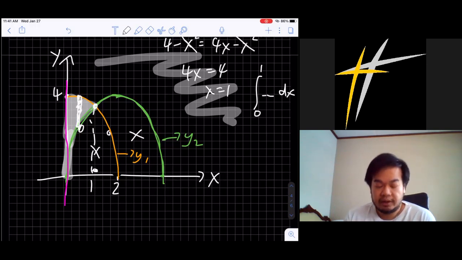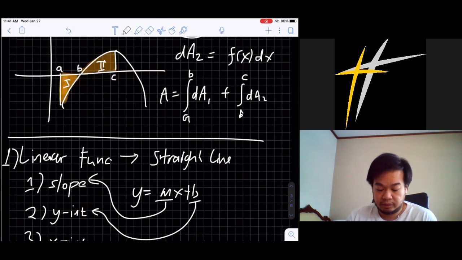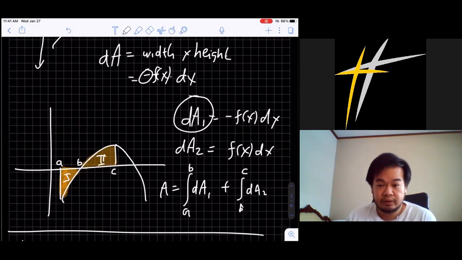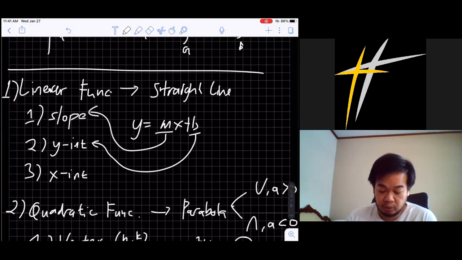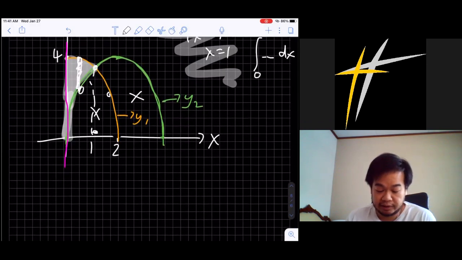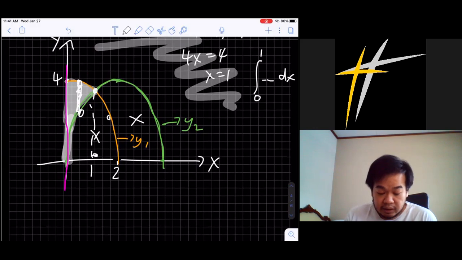And thank God, we don't need to separate the area like this one. Because from x equals 0 until x equals 1, the height of your rectangle can always be determined by the value of y1 minus the value of y2, right?